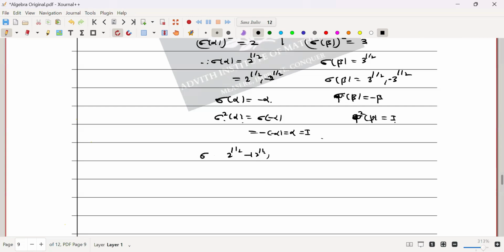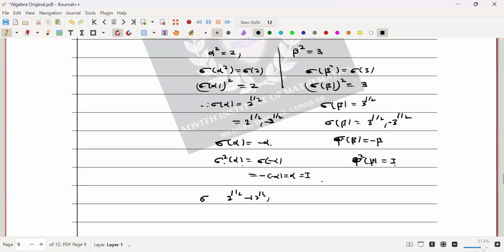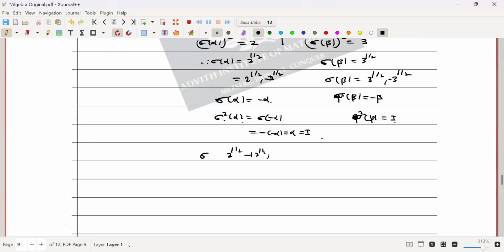Next, 2 power 1 by 2 goes to 2 power 1 by 2, sigma 1, and here 3 power 1 by 2 goes to 3 power 1 by 2. Then 2 power 1 by 2 goes to minus 2 power 1 by 2, and 3 power 1 by 2 stays the same. Next, 2 power 1 by 2 goes to 2 power 1 by 2 and 3 power 1 by 2 goes to minus 3 power 1 by 2. And 2 power 1 by 2 goes to minus 2 power 1 by 2 and 3 power 1 by 2 goes to minus 3 power 1 by 2.